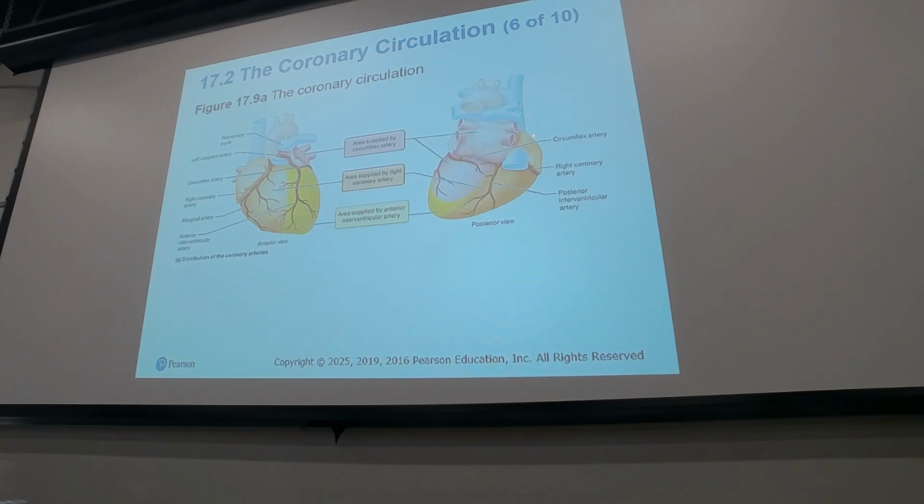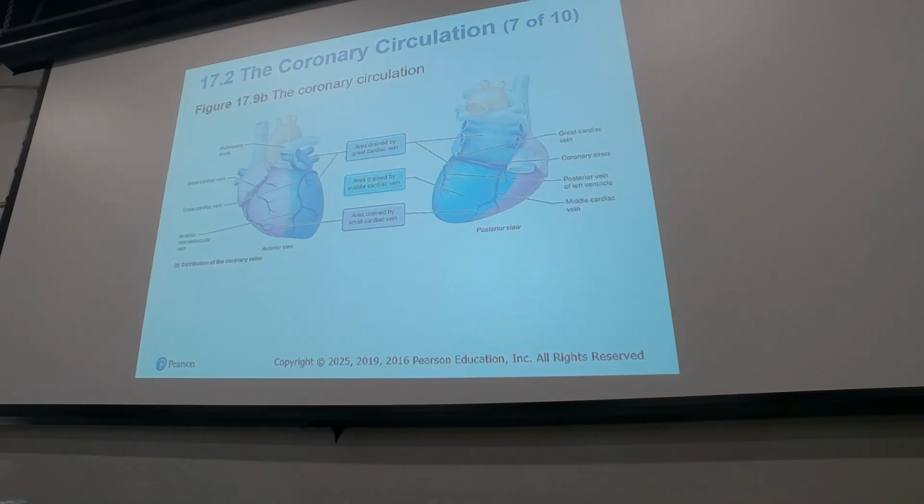And then here we have the posterior interventricular artery that is a branch of the right coronary artery that provides blood supply to this posterior part and this anterior part of the right ventricle together with the right atrium.